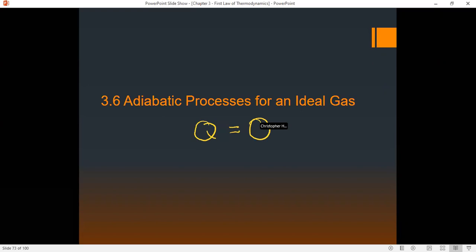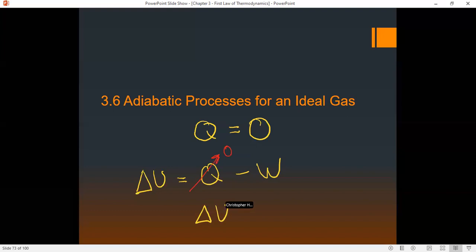So when we look at our first law of thermodynamics, delta U is equal to Q minus W. For an adiabatic process, Q's gone, okay? This is zero. So when we write this, delta U, the internal energy, is just equal and opposite to the work that's done by the gas, okay?